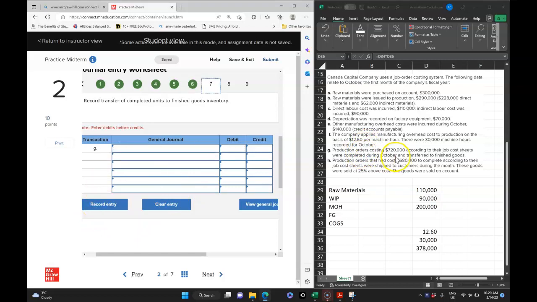Now we have production orders costing 720 according to their job cost sheets that were completed during October and transferred to finished goods. So they go into finished goods and out of WIP.